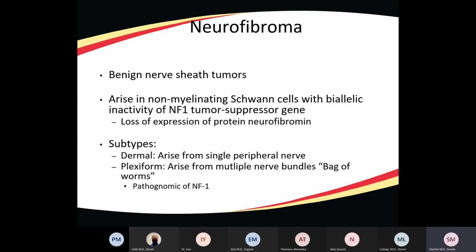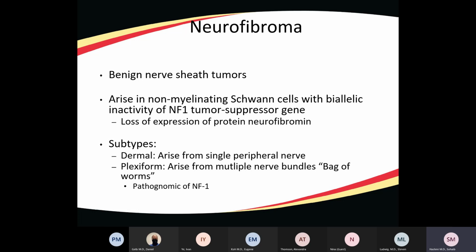Now, moving on to neurofibromatosis and neurofibromas. These are also benign nerve sheath tumors, and they arise in non-myelinating Schwann cells with biallelic inactivity of the NF1 tumor suppressor gene.